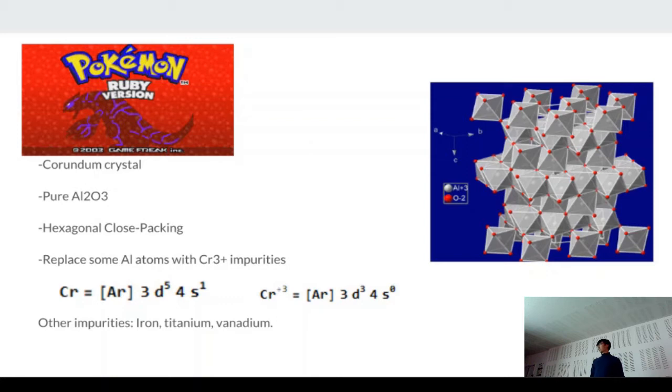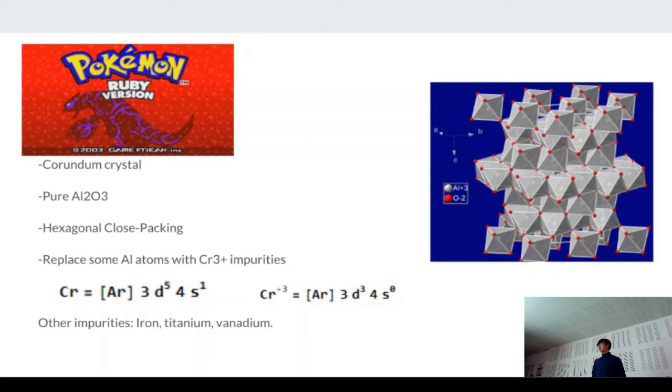So it would help to know what their electronic structure looks like. So this is the atom. What we're introducing is the chromium ions. It's important to take note that we have 3 valence electrons in the 3d orbital, which will be important later on in our optical transition case.